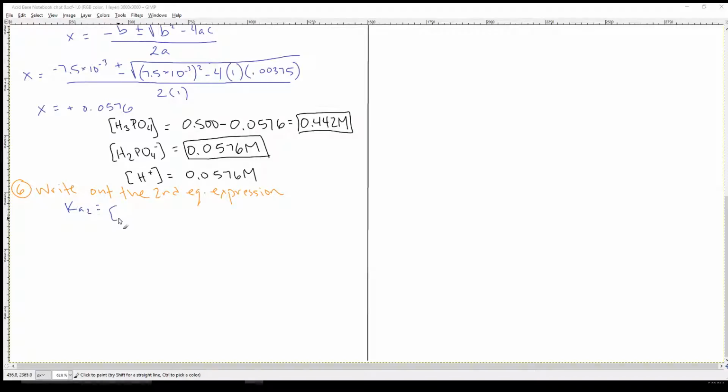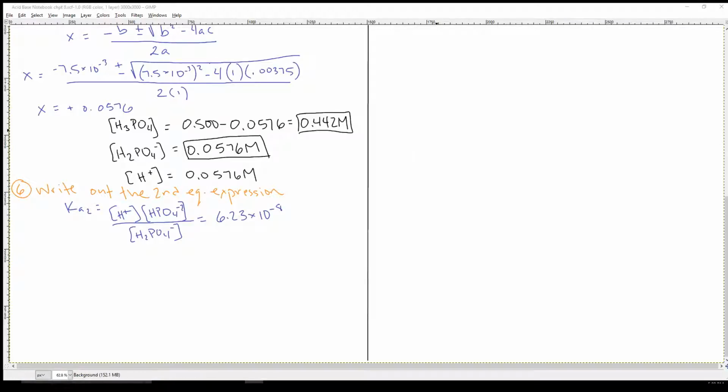It'll be H plus times HPO4 2 minus over H2PO4 minus. And we know what this number is. It was given at the top, so this will be 6.23 times 10 to the negative 8.